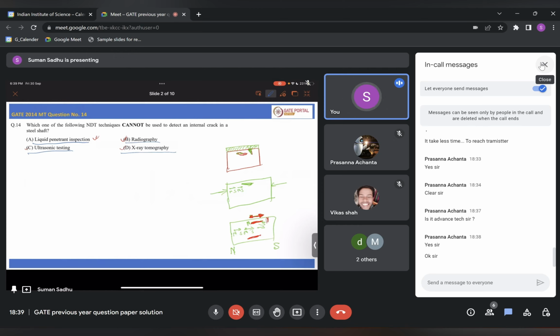Using all these techniques, you can see the location of a surface crack or subsurface crack, but you cannot detect an internal crack using liquid penetration. So your answer is option A. It will only be helpful to detect the surface crack, but all the other techniques can detect the subsurface or internal crack also. So the correct answer is option A.